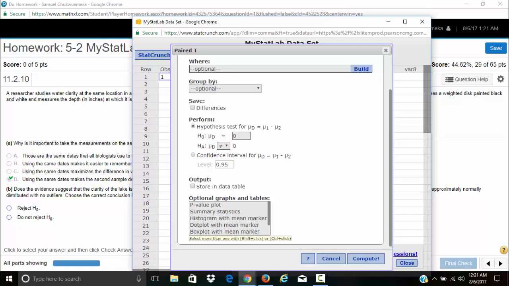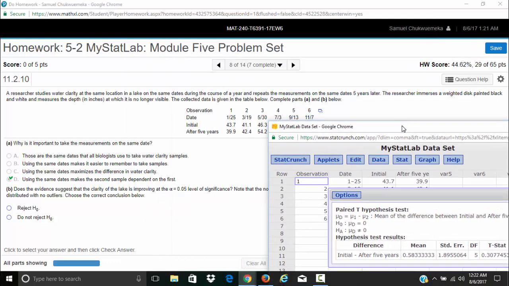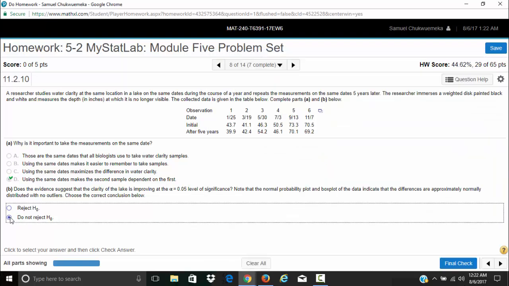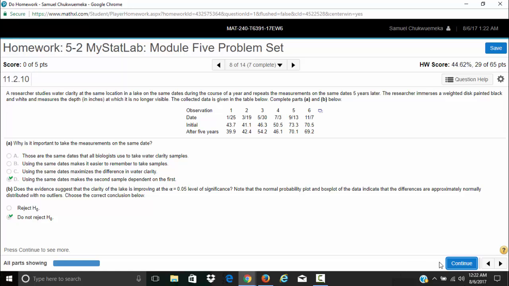So we just leave it like this and we click compute. Okay, we get our p-value. Our p-value is 0.7707, and the level of significance is 0.05. So we see that our p-value is greater than the level of significance. So we do not reject the null. We don't reject it. Okay.